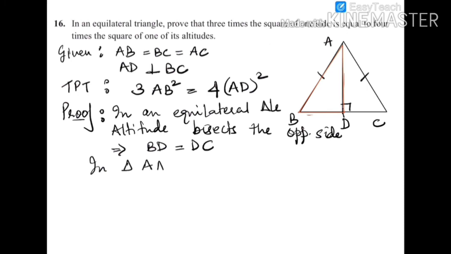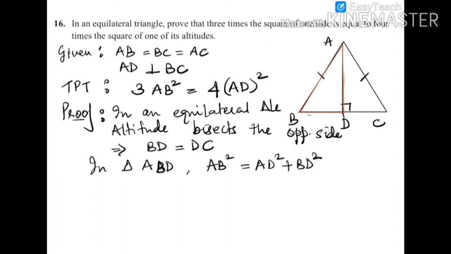In triangle ABD, AB square will be equal to AD square plus BD square. Now on the right side of what we have to show, we have only the AD term. So we have got one AD term and there is an extra term, that is BD square.